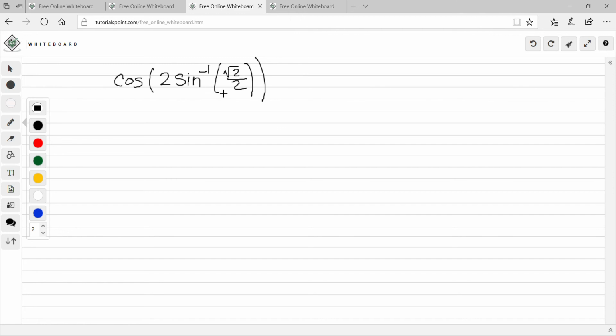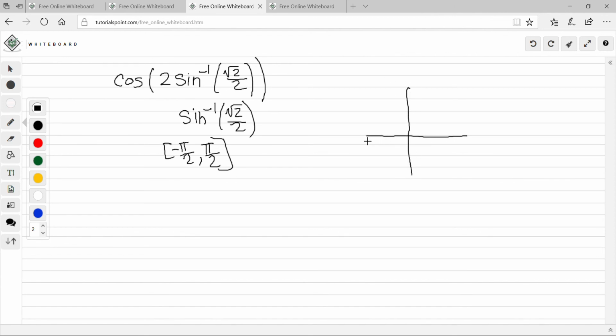So first of all, like the other problem we did, we've got to do the parentheses first. So we've got to do sine inverse of root 2 over 2. So let's find that out. We know that the inverse of sine has boundaries of negative pi halves to pi halves. So we can only use quadrant 1 and 4.